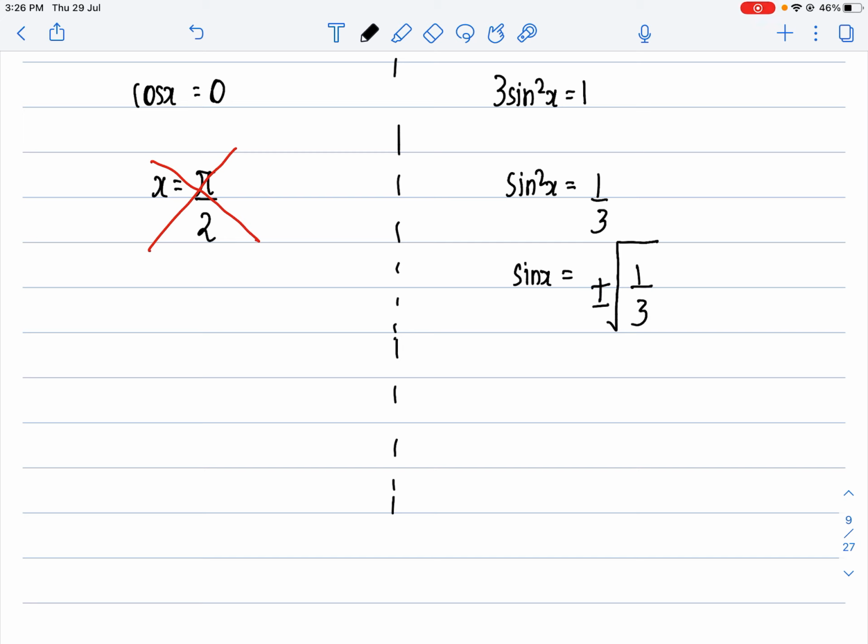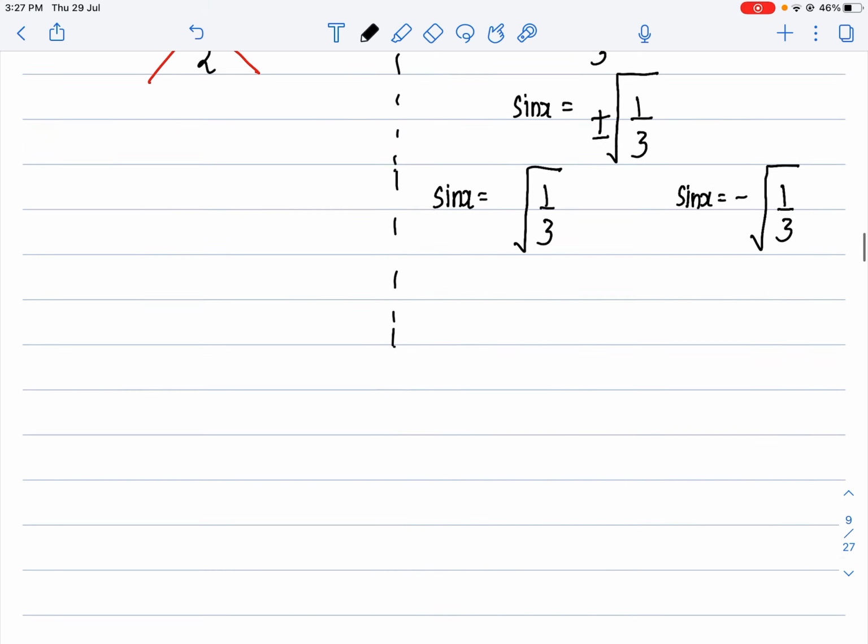Now I can write this as sine x equals to the positive root of 1 over 3, and sine x equals to the negative root of 1 over 3. Because my domain is from 0 to half pi, my answer is only in the first quadrant where everything is positive. So I know the negative answer won't be possible.